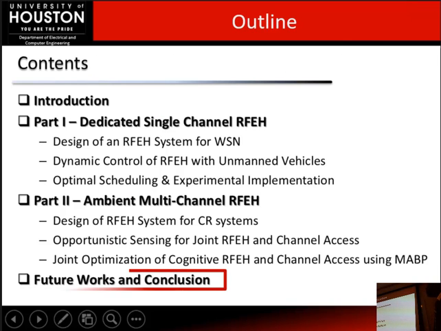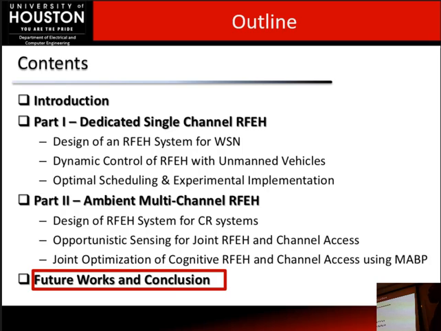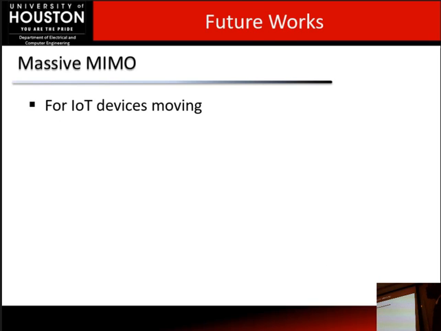Finally, I will show some of the potential future work that can be done. If you have noticed in this presentation, I only focused on fixed devices. But in the case of IoT devices or phones, anything that is moving, our joint optimization policies may not be the best.